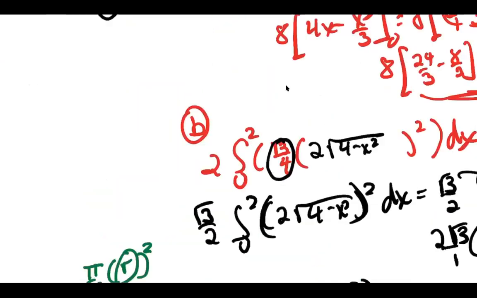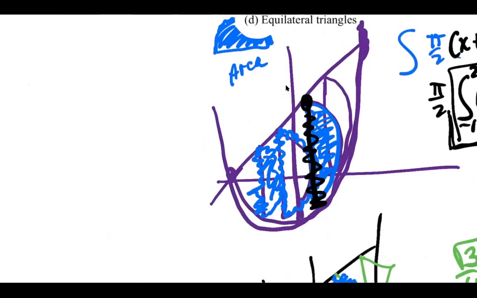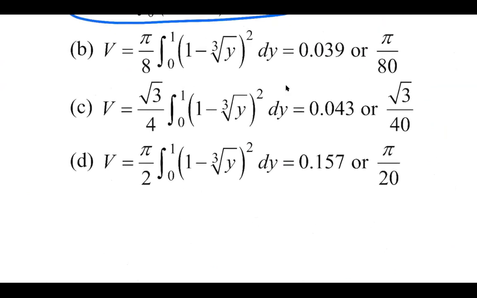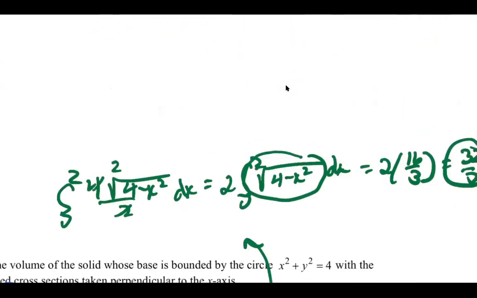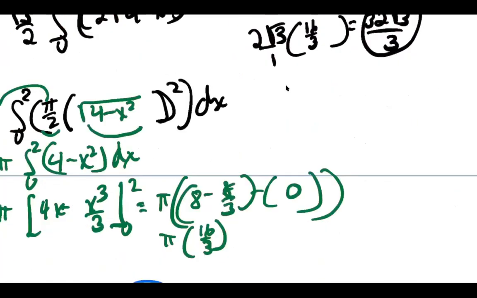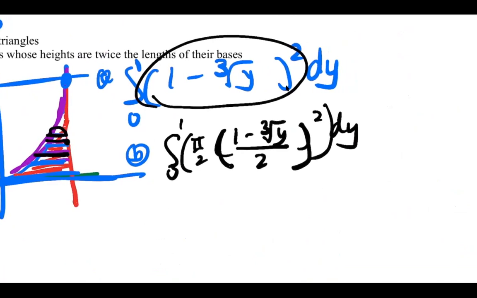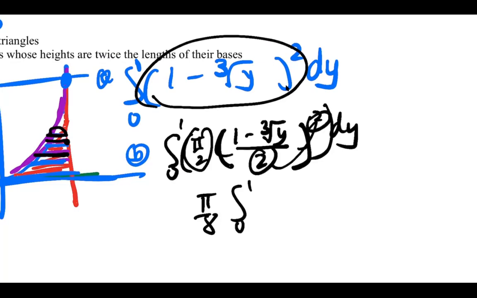Let's look at our setup. They've got a pi over 8 out in front of theirs. Let's look at ours. We're going to have a pi over 8 also. Because this is going to be a pi over 2, and this is going to be a 2 squared, we're going to have pi over 8 out in front of the integral from 0 to 1, because I'm squaring this, and this is 1 minus the cube root of y, squared, dy.